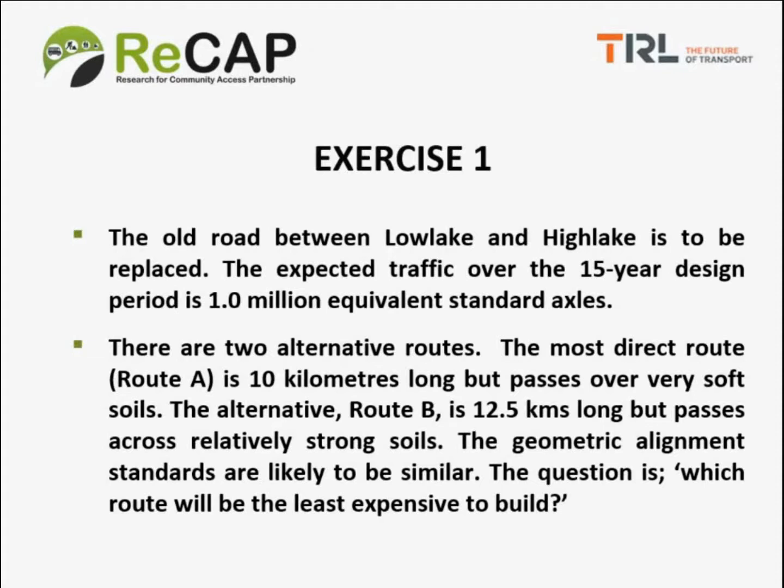The alternative, Route B, is 12.5 kilometers long, but passes across relatively strong soils. The geometric alignment standards are likely to be similar because the terrain is very similar. The question is, which route will be the least expensive to build? That will almost certainly depend on the structural designs that we can come up with.